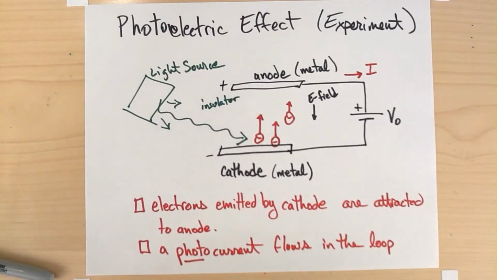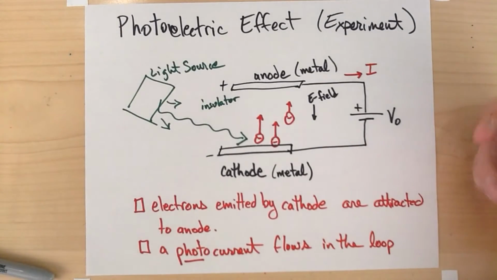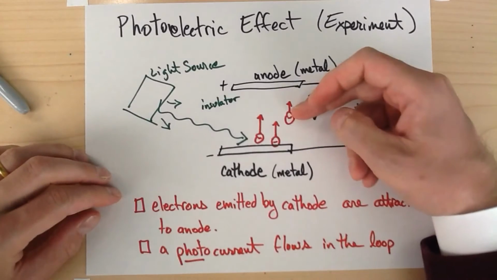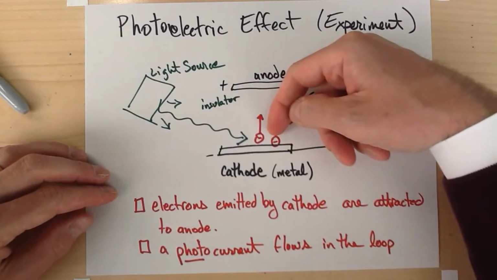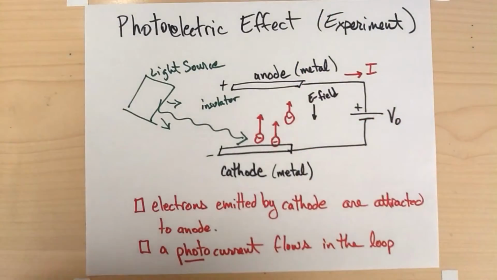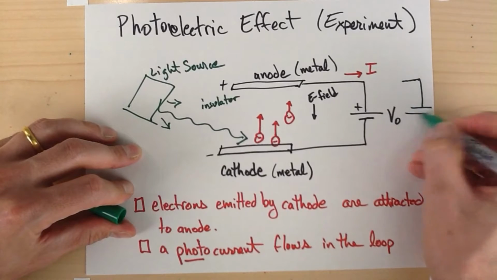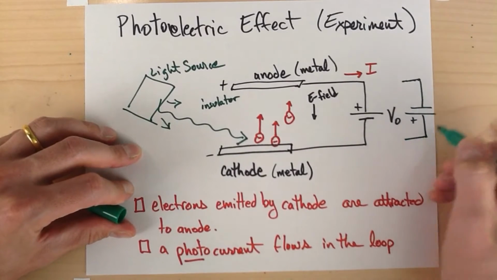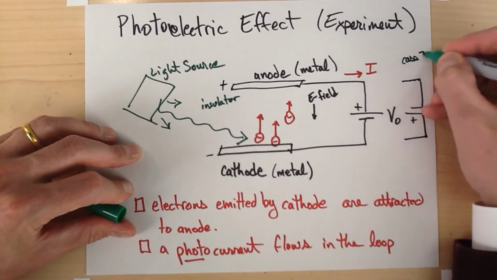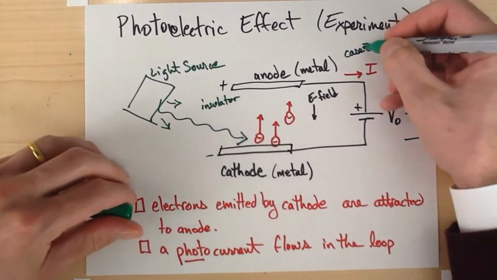Okay, very interesting. What if we flip the polarity? Well, in that case, we would expect the negatively charged electrons to flow in the opposite direction, right? So if we instead had a second case where we inverted the polarity, this is case 1.